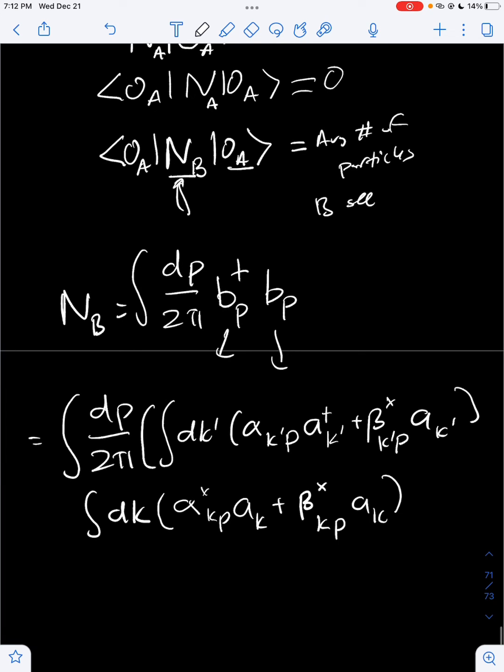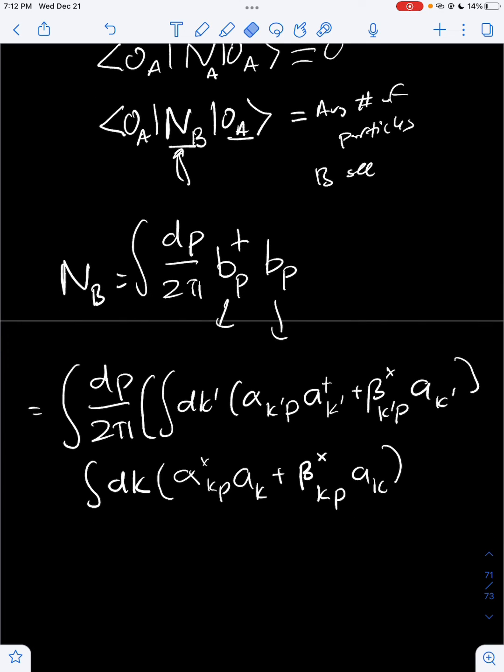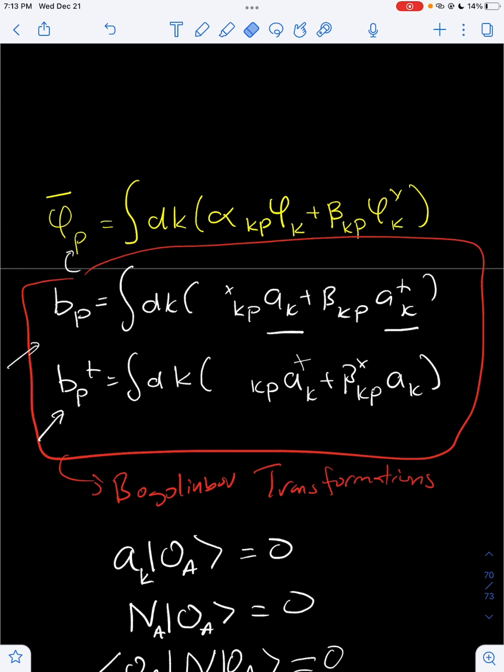So here we've written the number operator for B in terms of the creation and the annihilation operators. Also, we wrote k prime here since we're multiplying two integrals together and they're both over k. So we have to actually use k prime for the first one for convenience, and we're going to better understand why later. Also, I'm going to change these coefficients into d_k prime, because alpha sort of looks like a, and I don't want you guys to mix the a's and the alphas together. So these are going to be d's instead of a's.